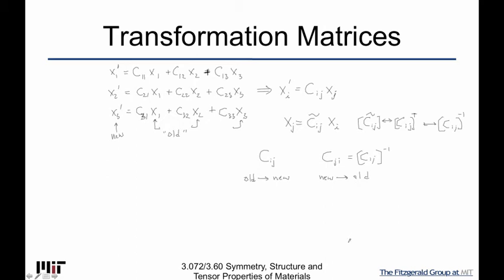So we're going to use this later. It's important. I like this language of old to new and new to old. If you ever want a book that goes over a lot of this in greater detail, Nye, N-Y-E, is a great book.